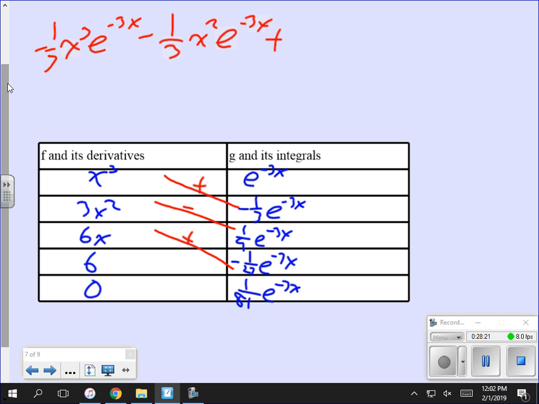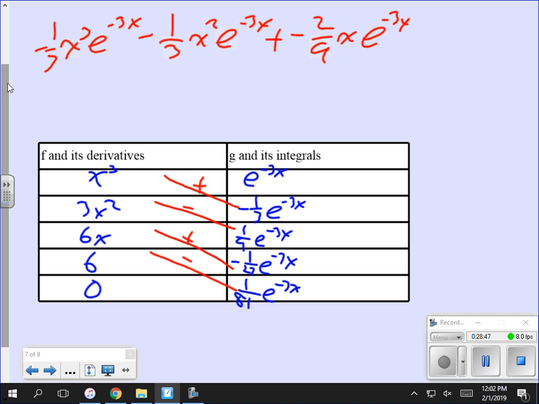So 6 times 1/27 is 2/9. So it'll be minus 2/9 x e to the negative 3x. And then one more, multiply those two, and it's minus whatever they are.